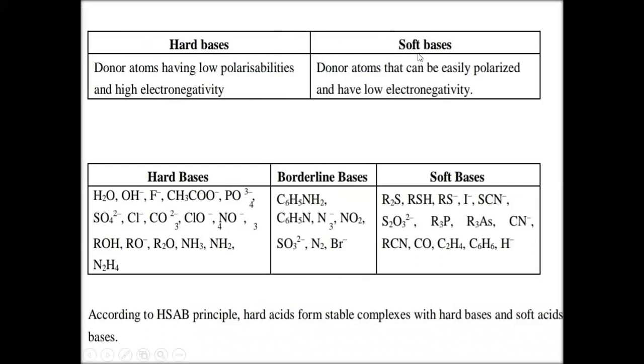Now coming to the soft bases. In these soft bases, the donor atoms are easily polarized. They are large in size, they have a negative oxidation state, and they have low electronegativity.